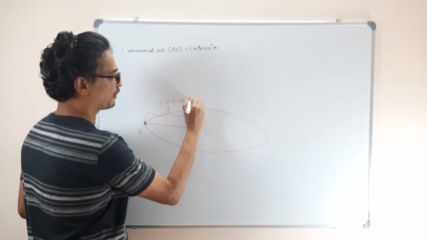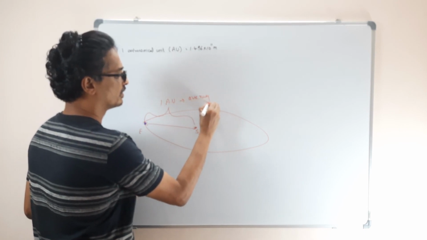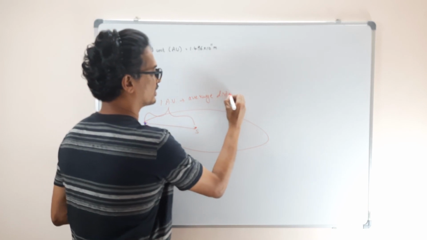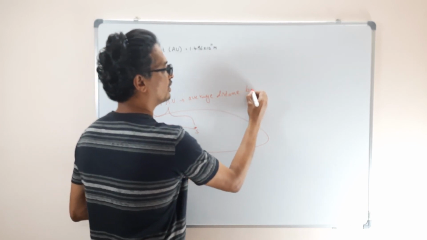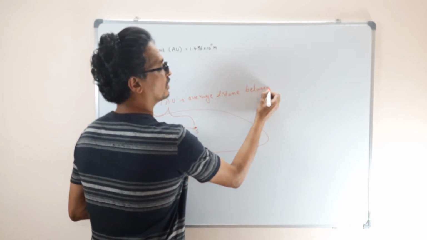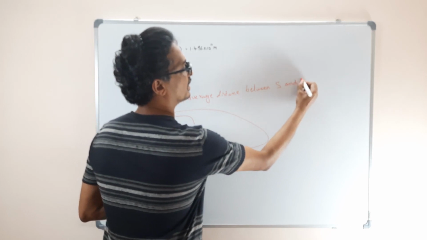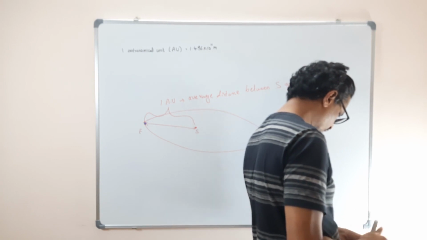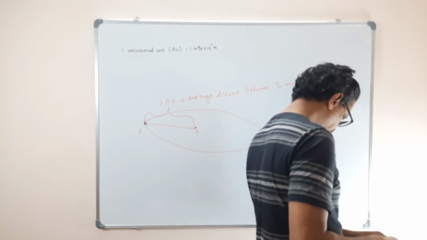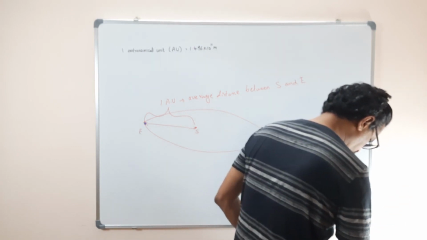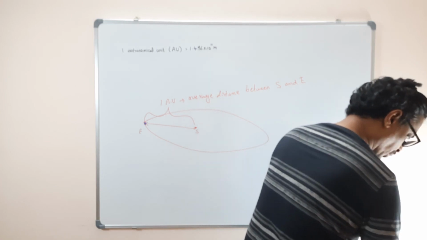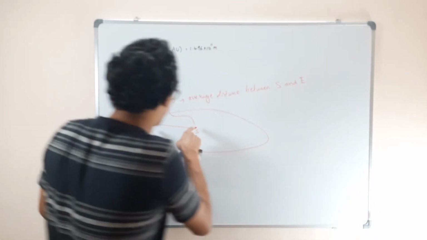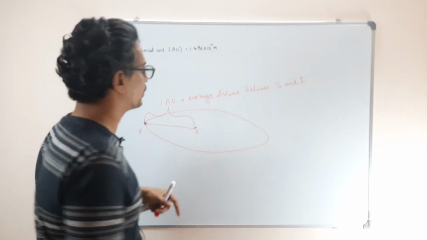What is that? Average distance between the sun and earth. Exactly, this means center of the earth and center of the sun. Okay, you have to write it.